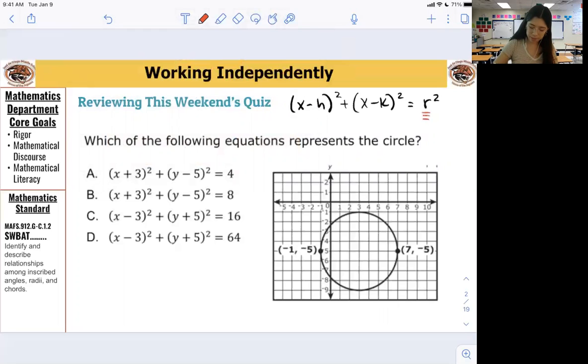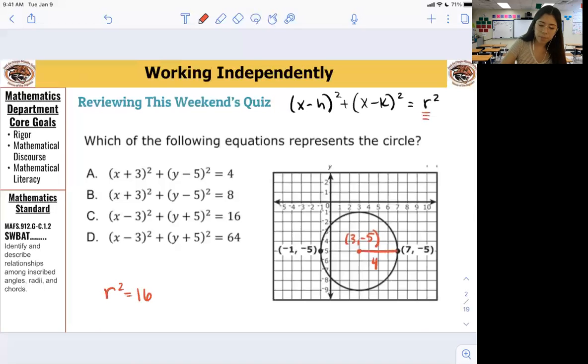Now, what is the radius of the circle? Radius is 4. So what is r to the power of 2? 16. Now, where is the center of the circle? 3, -5. Good.